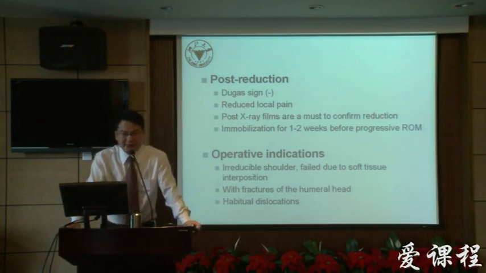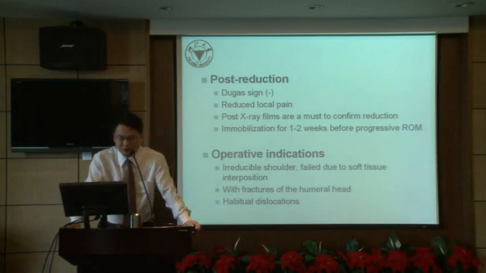In some cases the shoulder dislocation will have some fractures of the humeral head, and it's tough to reduce the shoulder. And in rare cases, there are habitual dislocations. The shoulder dislocates again and again, which means the capsule or soft tissue around the shoulder is relaxed. And in this case, we perhaps need surgery to repair the capsule and the soft tissue.